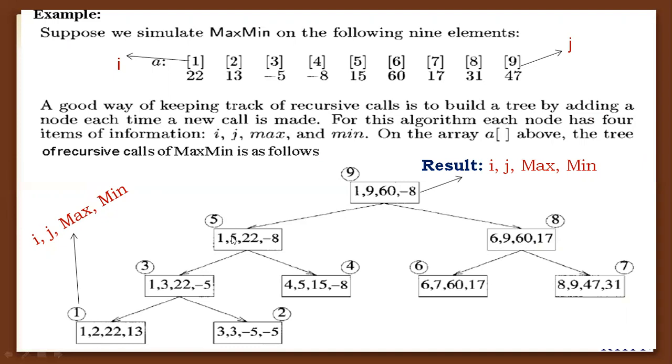Because this is a split array or sub array. So here the array size is 5, and we consider only the elements 1, 2, 3, 4, 5. Among those elements, we need to find the maximum element. Which one is the maximum element? 22 is the maximum element, and the minimum element is -8.